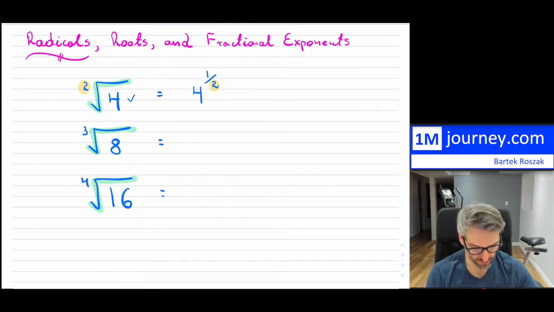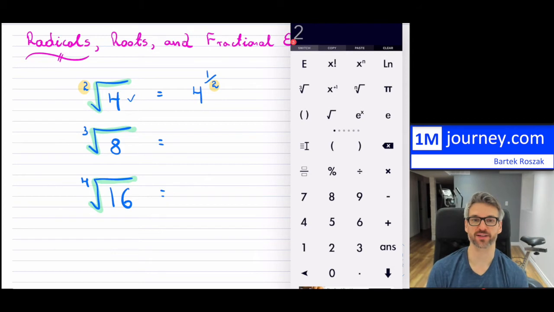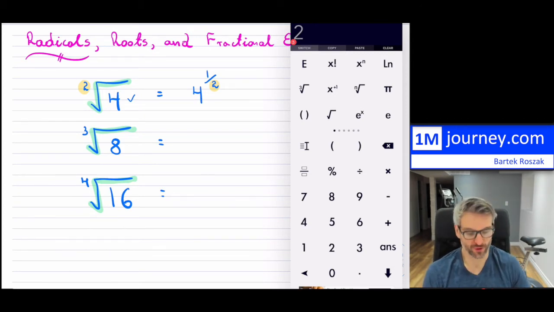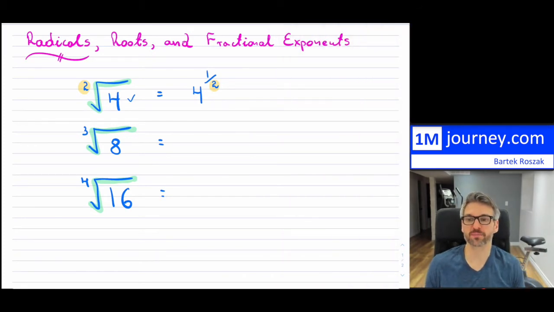Take your calculator, for instance, and take 4 to the exponent, now the exponent is a fraction, 1 over 2, equals, notice that it's 2. And again, square root of 4 obviously is 2 for us. So these things are equivalent. The symbol of radicals and of fractional exponents is the same.